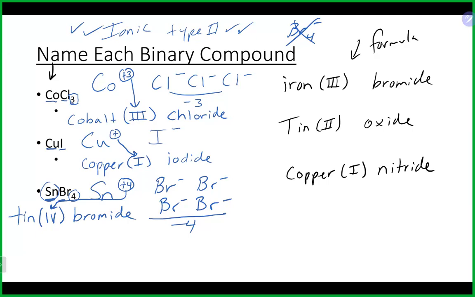All right, so we have the name. We want to work backwards. So one thing that we see right off the bat in all these names is they all have what? They all have a Roman numeral, which tells us it's a type 2 compound. Also tells us because it's a type 2 compound, it is an ionic compound, which means it has a metal, which is positive, right? And a non-metal, which is negative, cation, anion.